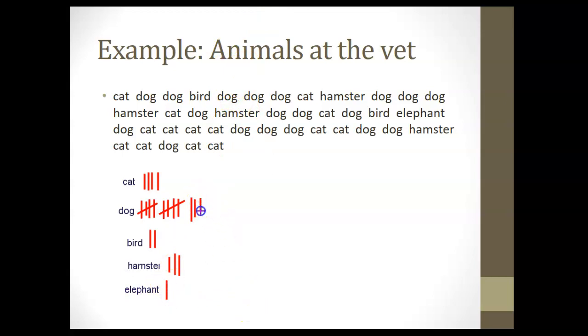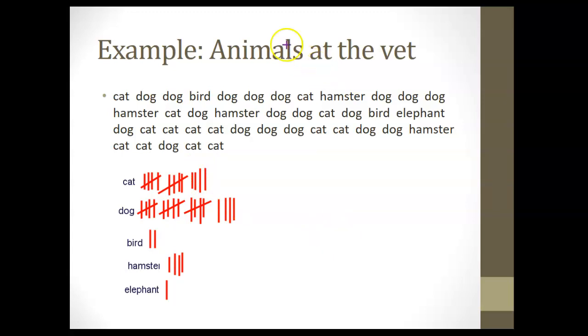Then we have another dog and another cat, a cat, a cat, a cat, dog, dog, dog, cat, cat, dog, dog, hamster, cat, cat, dog, cat, cat.